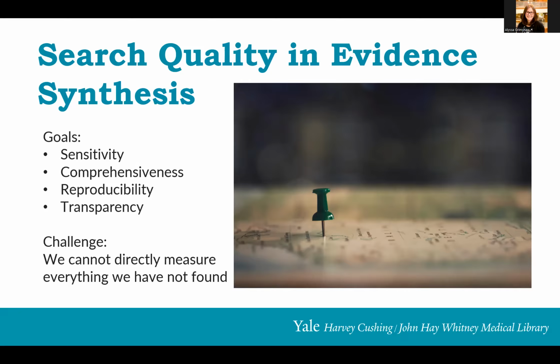Another problem is there's no one database that contains a complete list of all relevant studies for most review questions. You often have to screen through the results to generate that. And we're going across different databases that would have different search functionality within them. Because we can't measure everything we missed, we need an alternative approach for assessing search quality.